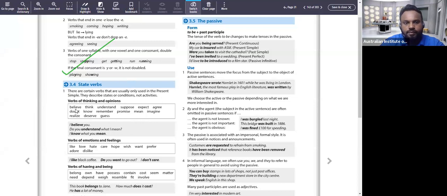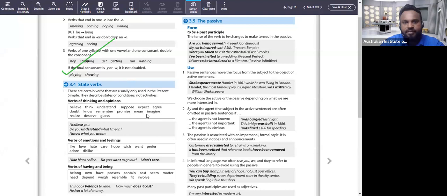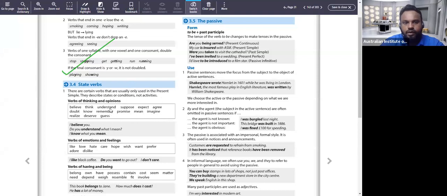Here you can see: believe, think, understand, suppose, expect, agree, doubt, know, remember, promise, mean, imagine, realize, deserve, guess. These verbs are mainly called state verbs.